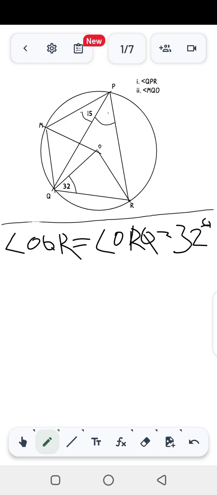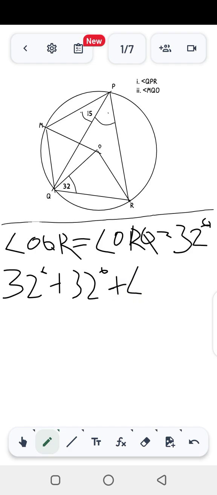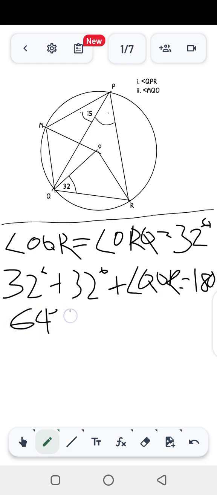Now the angle sum in a triangle is 180. So we have 32 degrees plus 32 degrees plus angle QOR will give us 180 degrees. When we simplify, this gives us 64 degrees plus angle QOR is equal to 180.